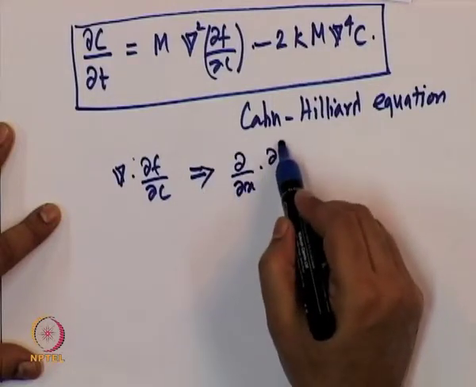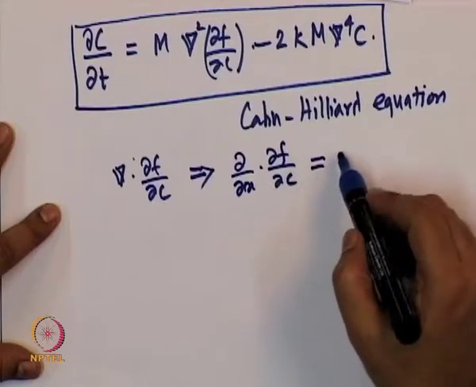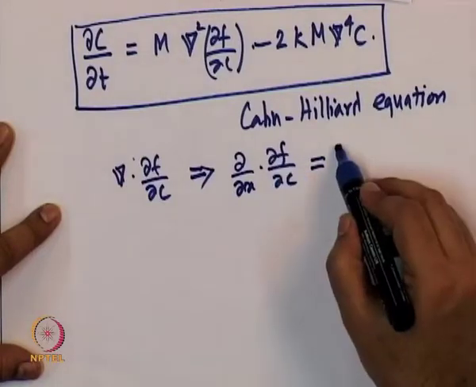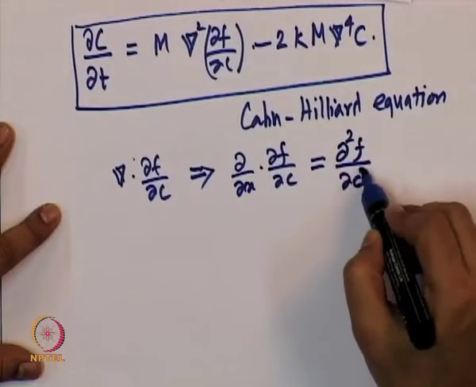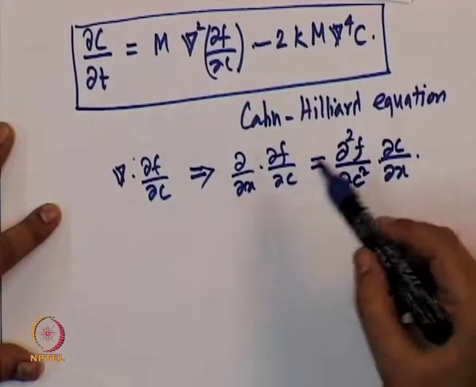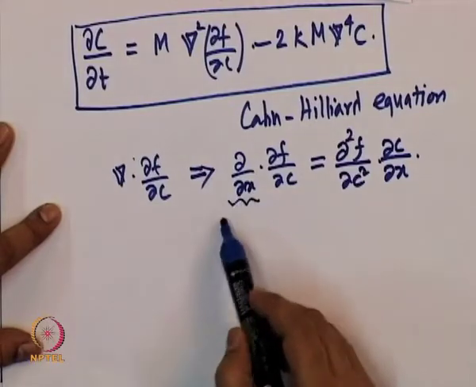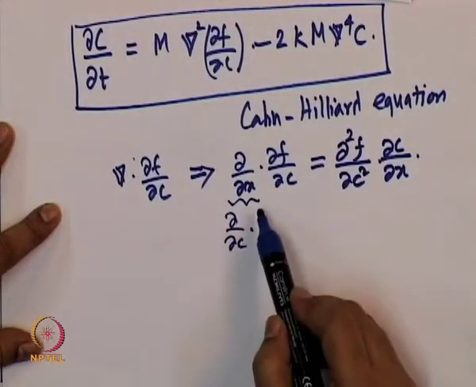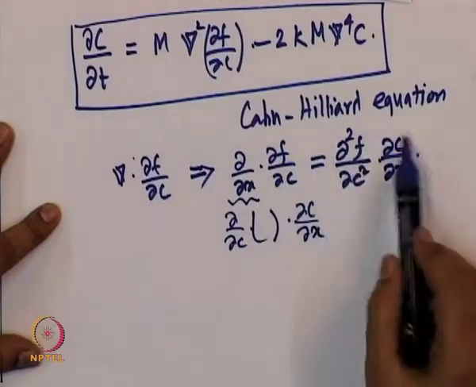Suppose you had dou f by dou c, then that is the same as dou squared f by dou c squared times dou c by dou x. So, how do we do that? When I take dou by dou x, I can write it as dou by dou c acting on this times dou c by dou x. So, that is what this term is.